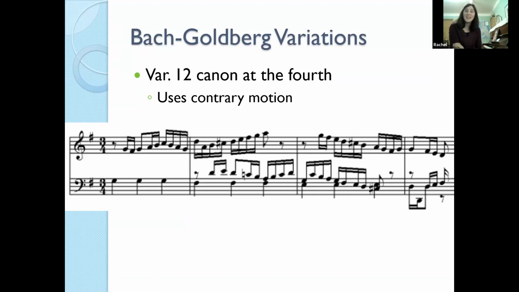And then the follower actually is going to start in the left hand, okay? And it's just a little bit lower, not so much. So we notice that we have the leader starting on do, the follower is starting on sol, but it's at the fourth because the follower is lower than the leader, okay?